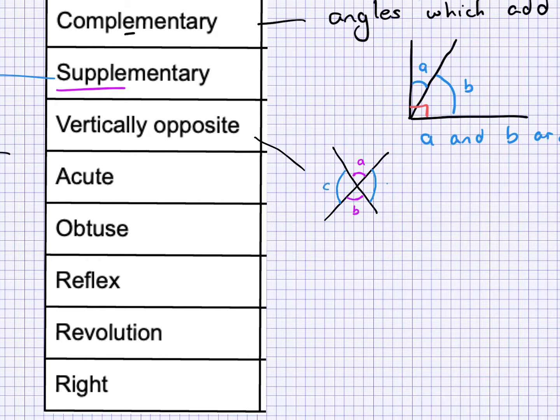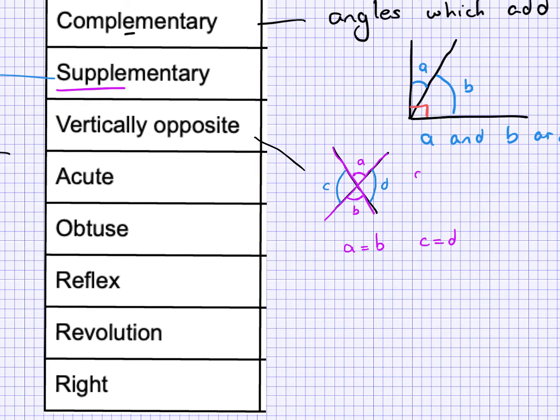What else we know about them is that because they are vertically opposite and the two black lines are the same, A is the same as B and C is the same as D. So vertically opposite angles are equal.